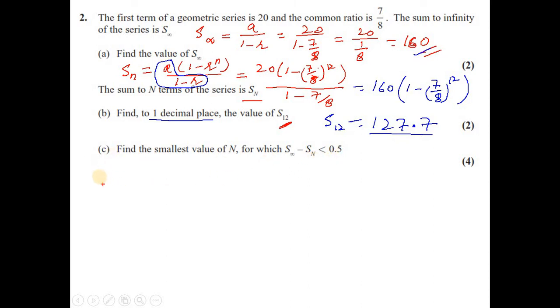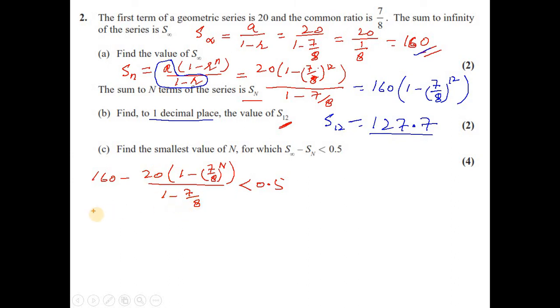So S infinity is 160 minus Sn, and the Sn formula is 20 times 1 minus 7 by 8 whole power n, divided by 1 minus 7 by 8. This is the Sn formula, and it should be less than 0.5. So I just substitute the values. This is S infinity, 160, minus the Sn formula. Again, 20 divided by 1 minus 7 by 8 is again 160.